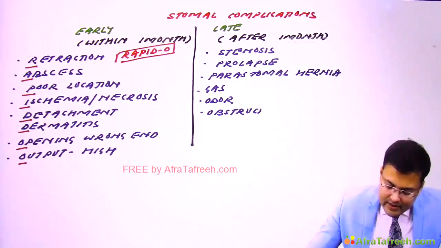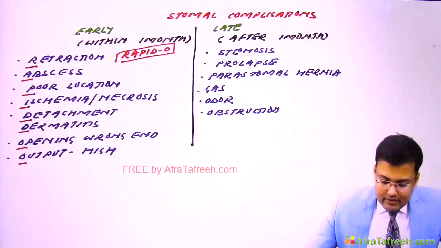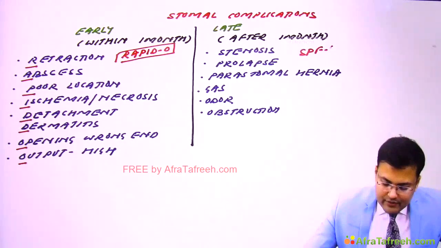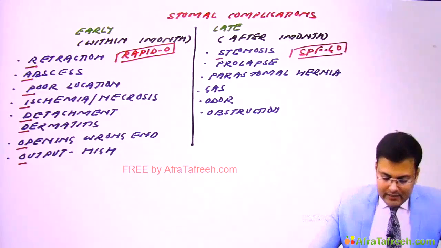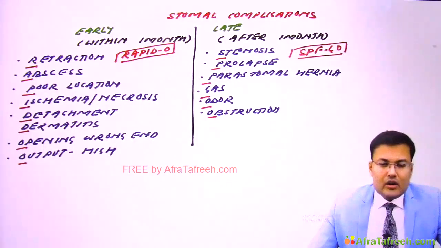Clear? Again, it's easy to remember because here also there is a mnemonic, and the mnemonic is SPF GO. So stenosis, prolapse, parastomal hernia, gas, odor, obstruction.